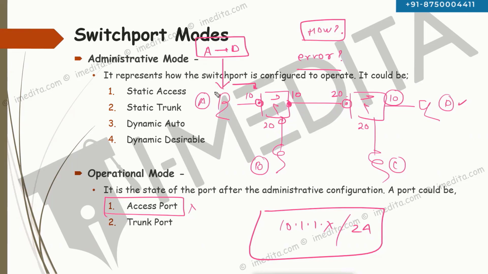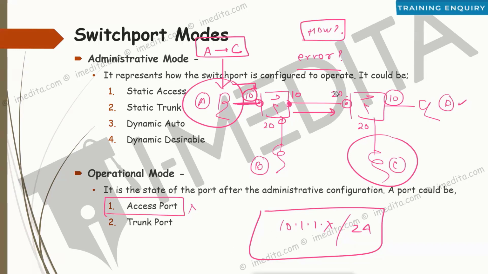Similarly, now I ping from A to C. Traffic arrives onto this port. Traffic belongs to VLAN 10, exits out of the port in VLAN 10, and is received onto this port. This port belongs to VLAN 20, so the traffic can exit out of the port in VLAN 20. That means your communication will be successful.